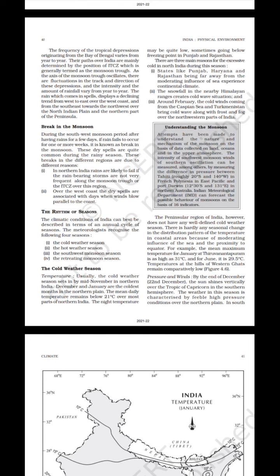India Meteorological Department, IMD, can forecast the possible behavior of monsoons on the basis of 16 indicators.